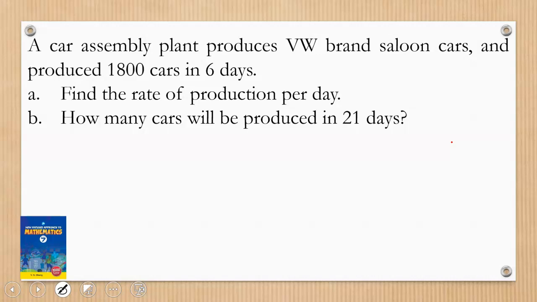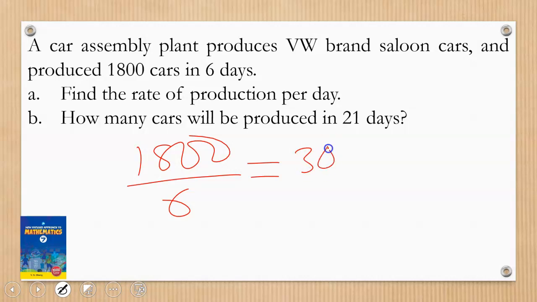What will be the rate at which they work each day? It's so simple. If they are producing 1,800 and they use 6 days in doing it, then one day is going to be 1,800 divided by 6, which will give us 300. So every day they produce 300.